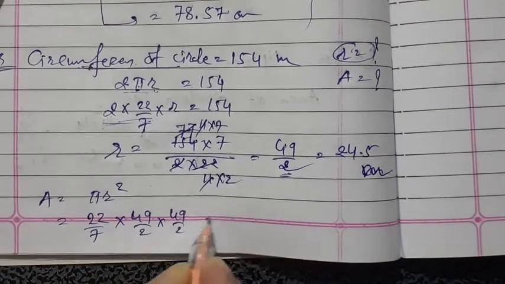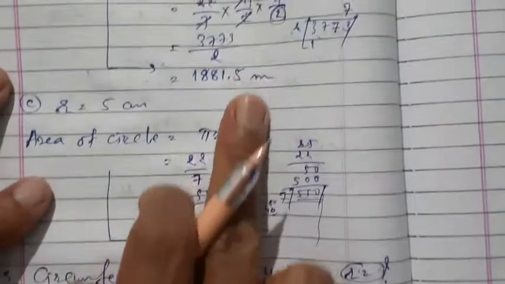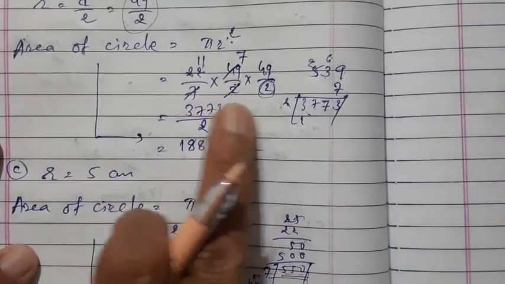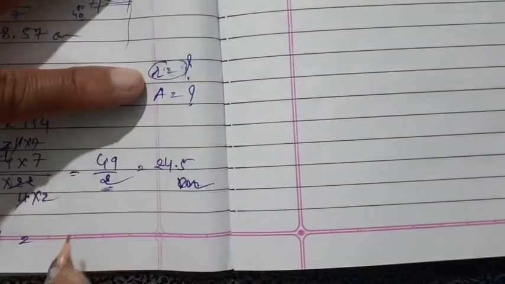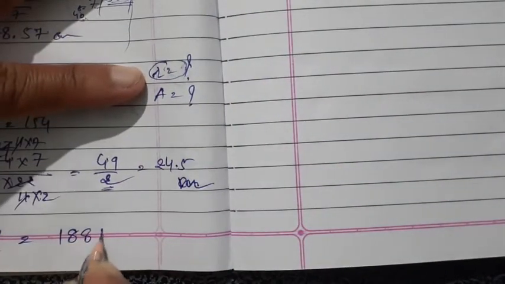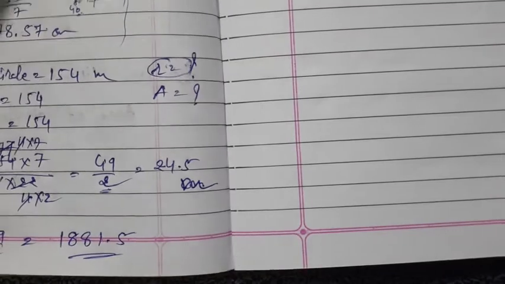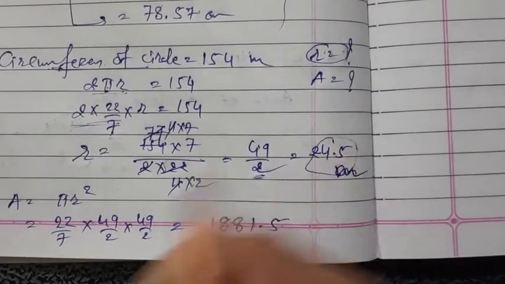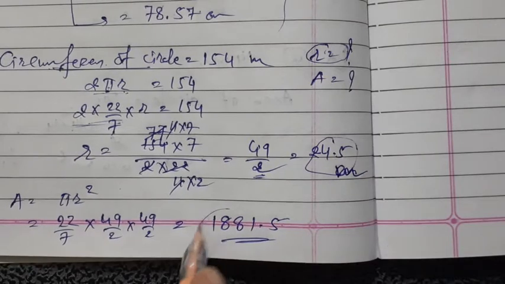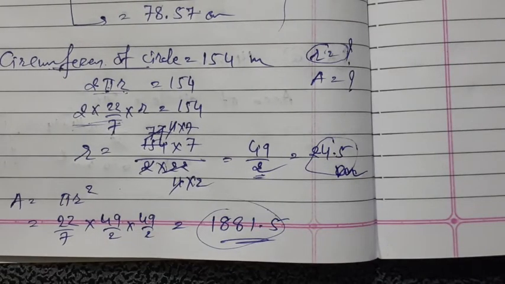We already found that answer when 49 upon 2 is there, 1881.5. Same, you just solve that one. So radius equal to 49 upon 2 and area equal to 1881.5. Okay, question number 4.